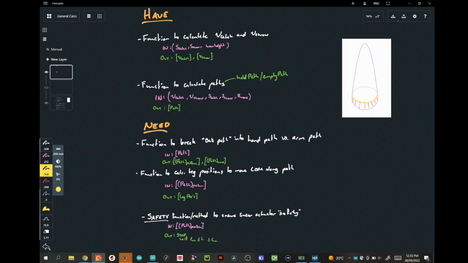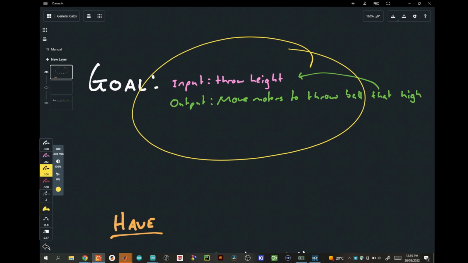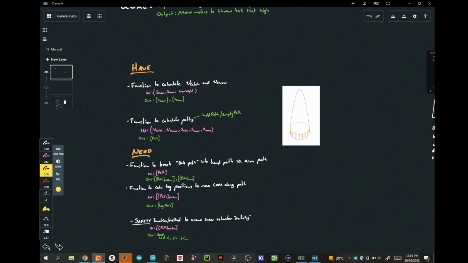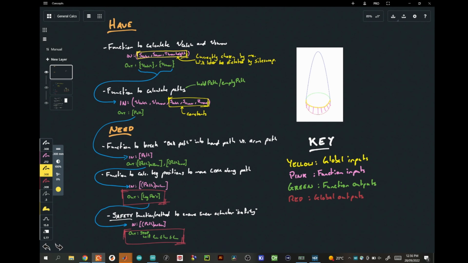And finally, to see how all of these functions will relate to each other and how this will actually achieve the goal that I stated at the very beginning, here is how all of these play into each other. At the very beginning, I'll be putting in some variables that I choose somewhat arbitrarily, like the catch position, the throw position and the throw height.